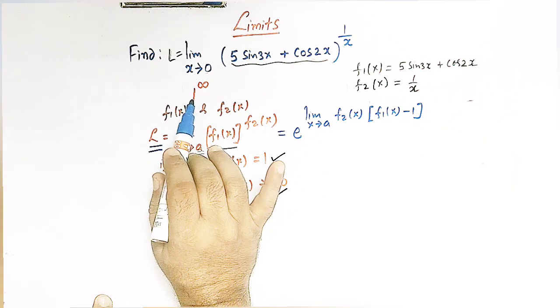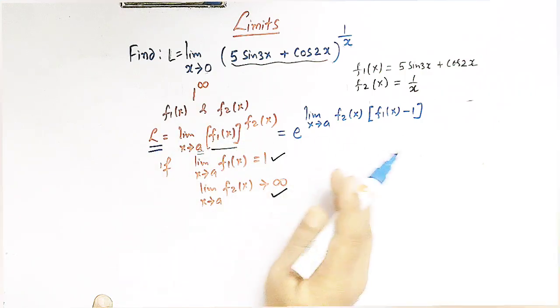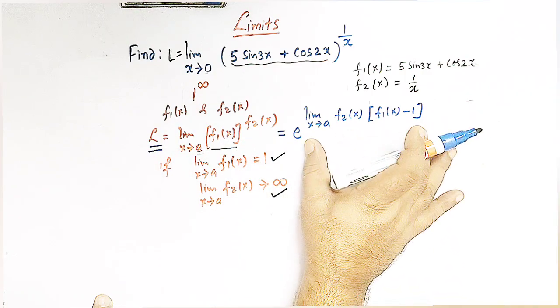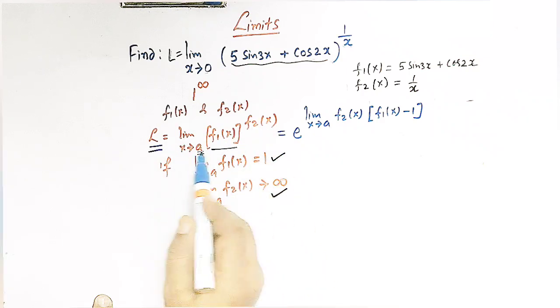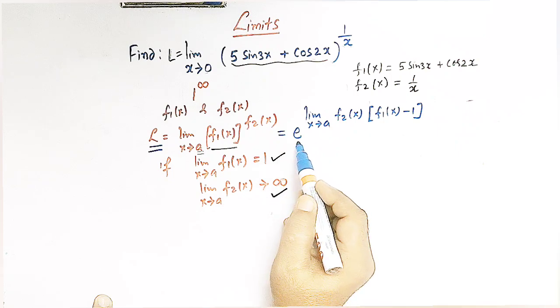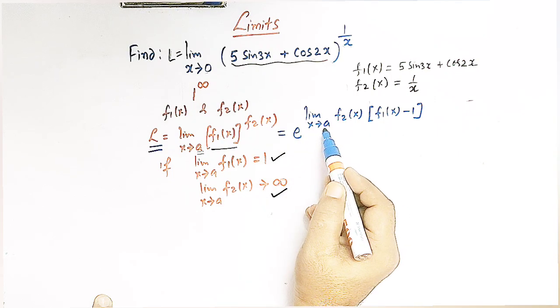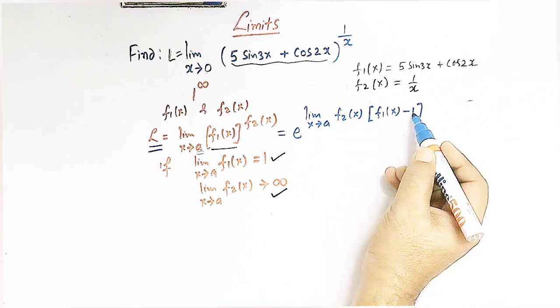So the 1 raised to infinity form of limits can be evaluated by this rule: the limit as x tends to a of f1(x) raised to f2(x) is equal to e raised to the limit as x tends to a of f2(x) multiplied with f1(x) minus 1.